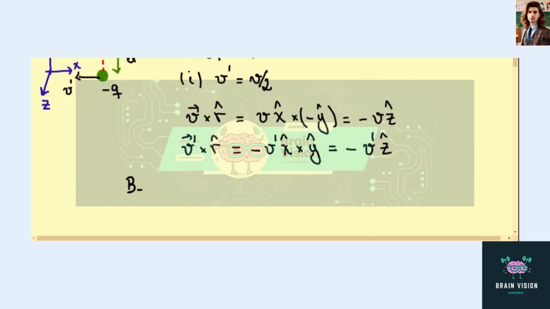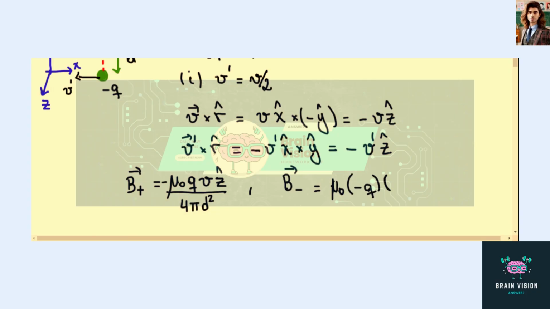Okay, so B plus is equal to mu 0 q v cross r, which as I said is minus v z, divided by 4 pi d squared. B minus is equal to mu 0 times minus q times minus v prime z divided by 4 pi d squared.